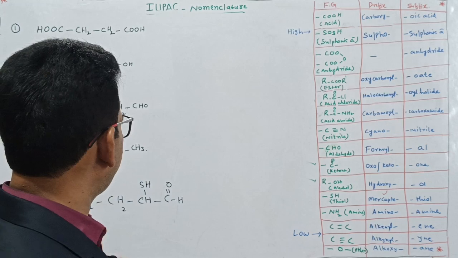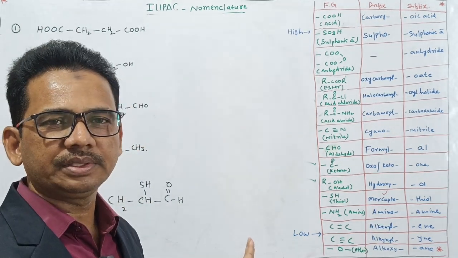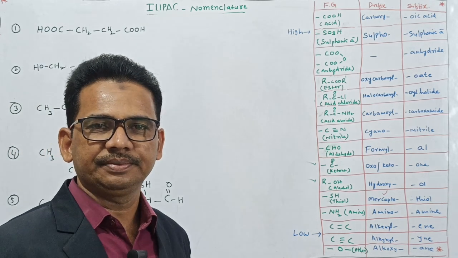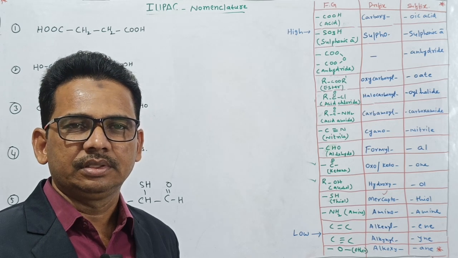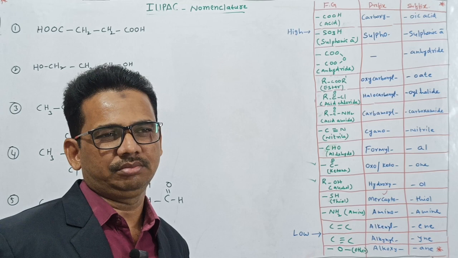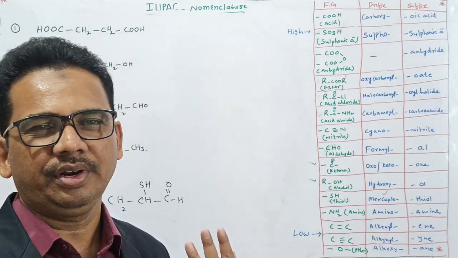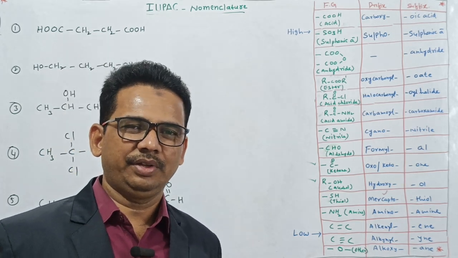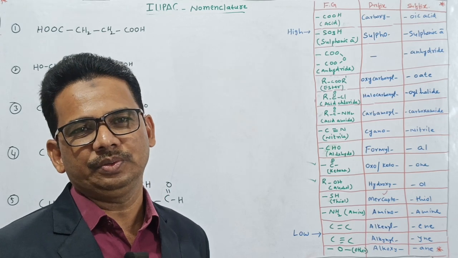I chose some moderate examples, not too difficult and not too easy, because for understanding purposes moderate ones are good. In the initial stages very difficult ones are not good. In our times, even when we finished our degree, we didn't know nomenclature.